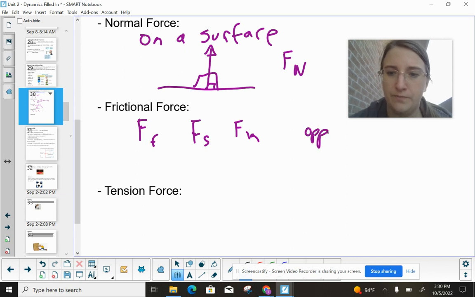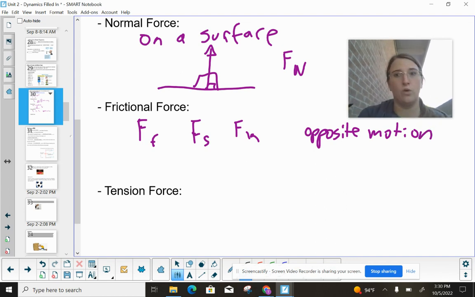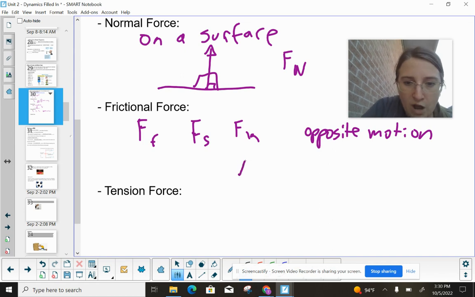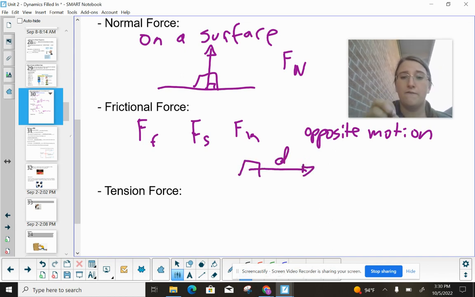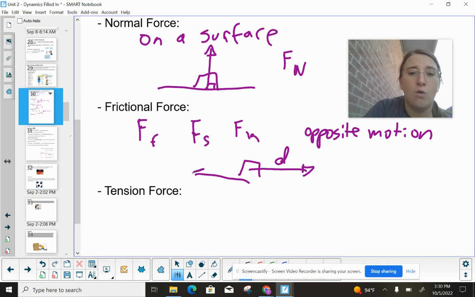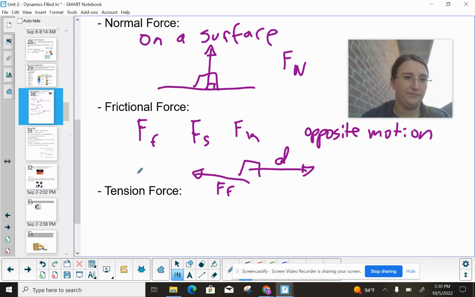No matter what, the friction force slows something down. As a rule, friction slows things down. So if I have an object that is traveling this way, the friction force is always going to act in the opposite direction.